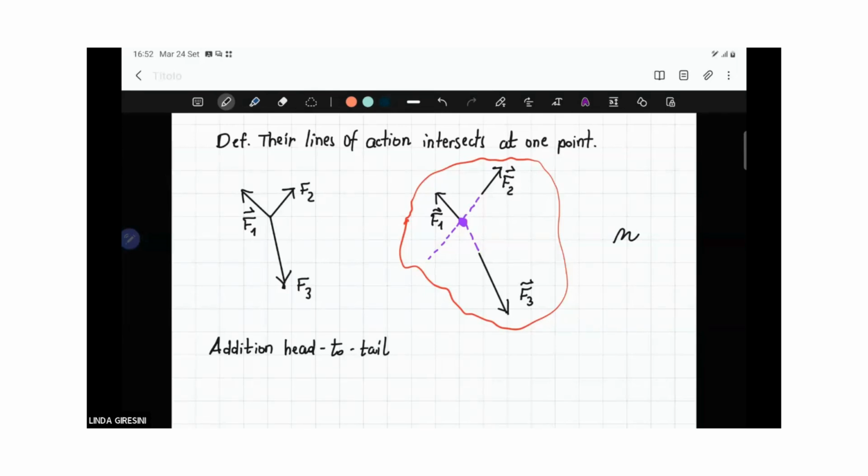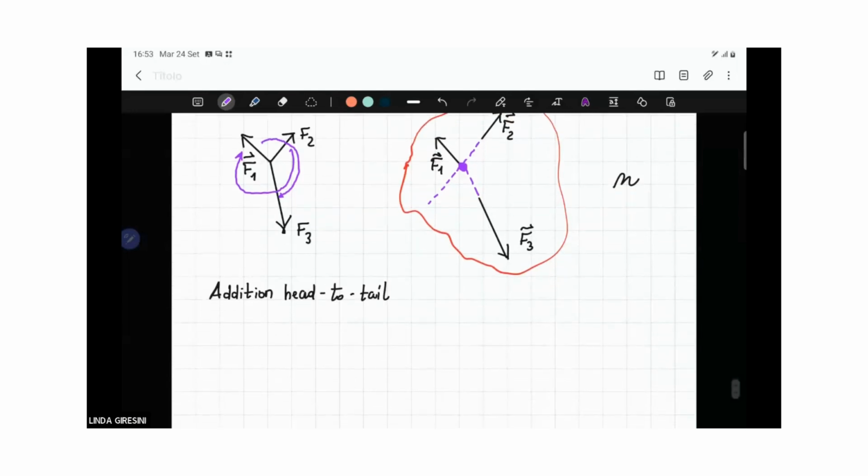You don't necessarily have to start from F1, you can start from F3. The important thing is that if you start from a vector, then you follow, for example, the clockwise direction and you take all the vectors. For example, if you start from F2, you take first F2, then F3, and then F1. Or if you start from F1, then you take first F1, then F2, then F3. So you just follow this order, or the counterclockwise direction is the same, it's irrelevant.